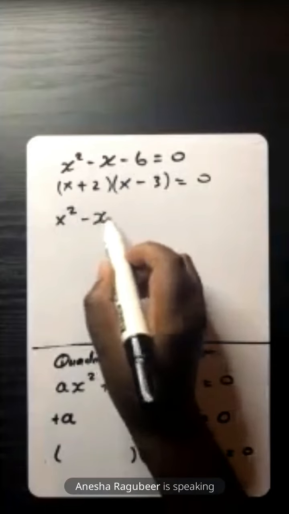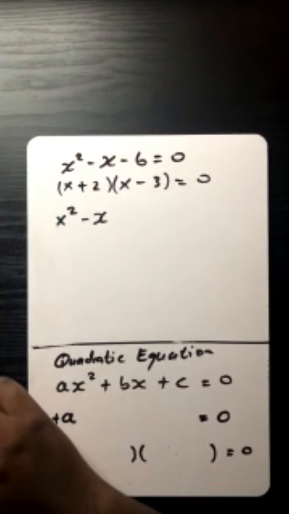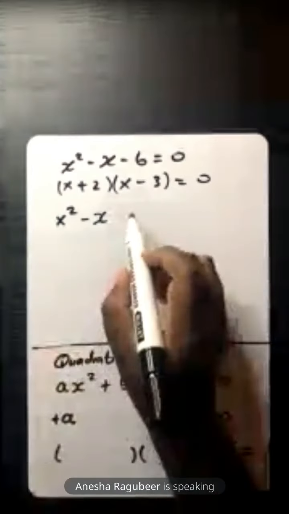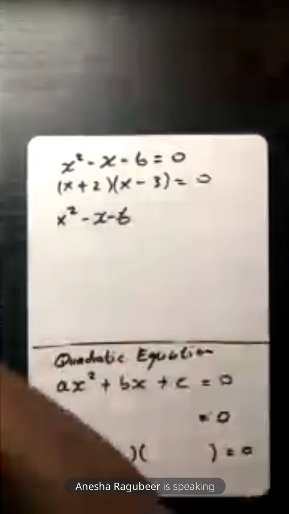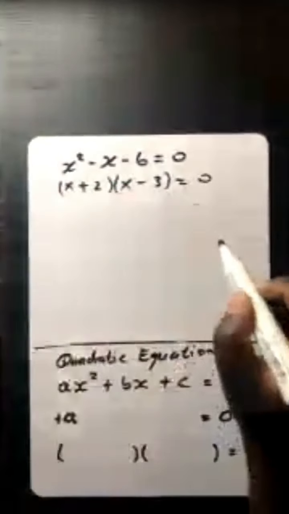Okay, so this is the middle term, what I'm writing there. Yes, sir. Okay, all right. Then the 2 times 3 will give me 6. Mm-hmm. So it gives us a negative minus 6.